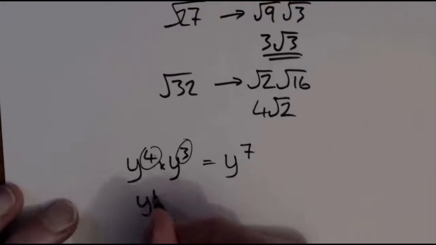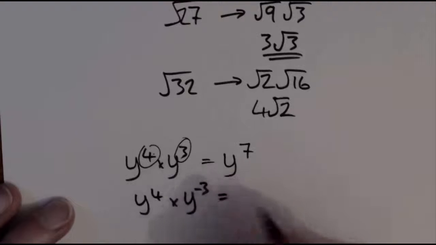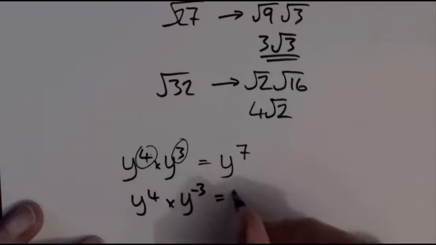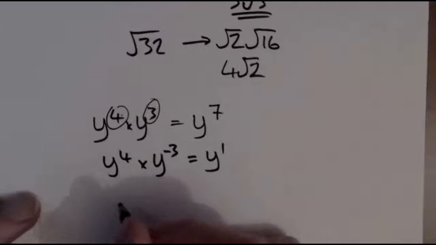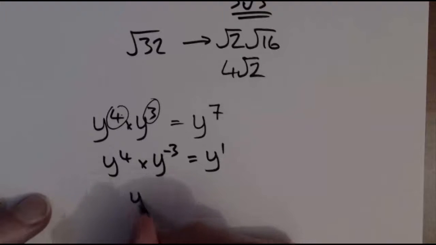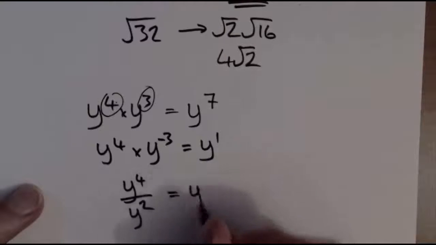Incidentally, if it was y to the power of 4 times y to the power of minus 3, you're still adding these together, so that would be y to the power of 1. If you're dividing them, so if it was y to the power of 4 divided by y to the power of 2, you take them away. So that's y to the power of 2.